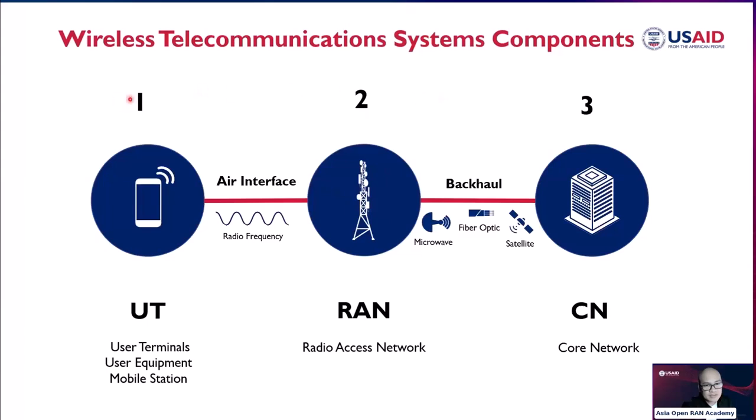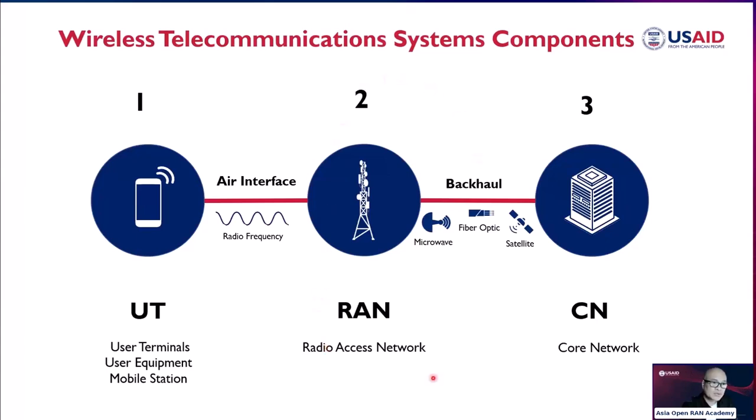Okay, so these are the main components of a radio access network, of a wireless telecommunication system. You have the user terminals connected to the radio access network and core network.